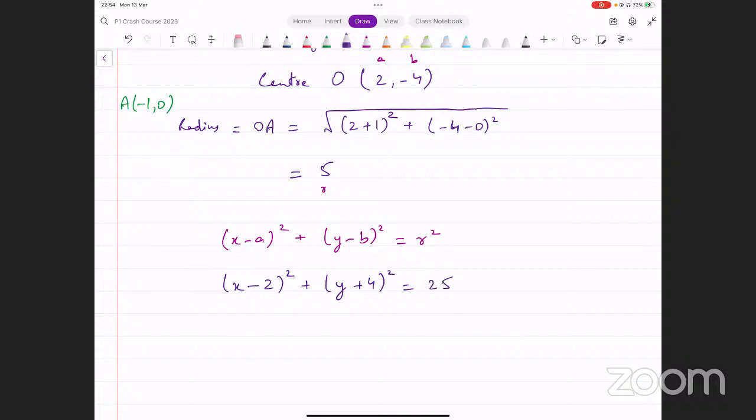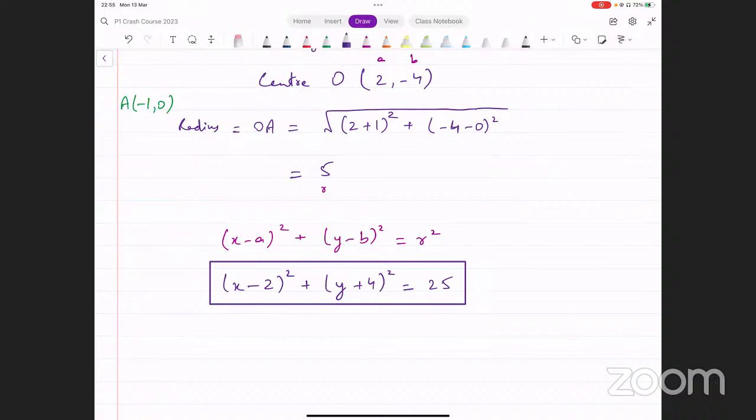This is what the equation of the circle is. That is what we were looking for. So this is how we find the equation of a circle using 3 points on its circumference.